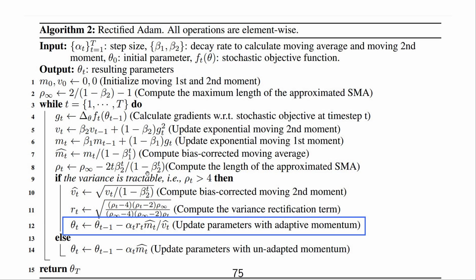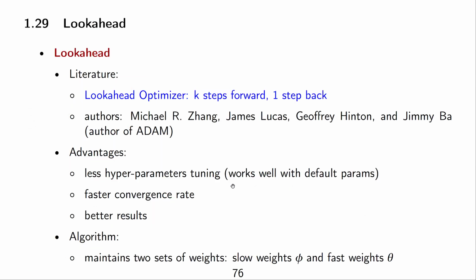This means this is not a data-dependent term where the algorithm would analyze the data. It is something predictive just based on your setting of the parameter beta 2. The authors tell you when to switch from not using this second moment to using the second moment.